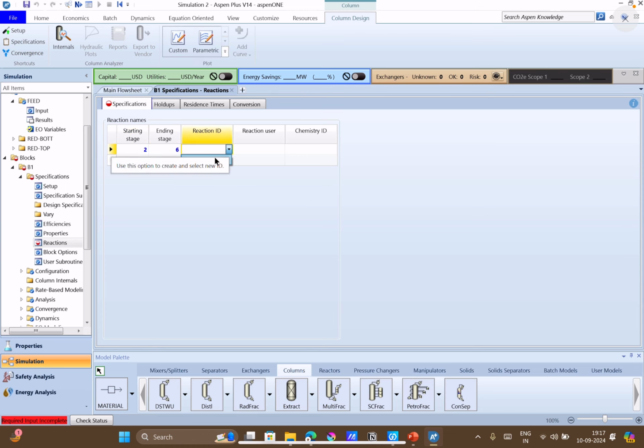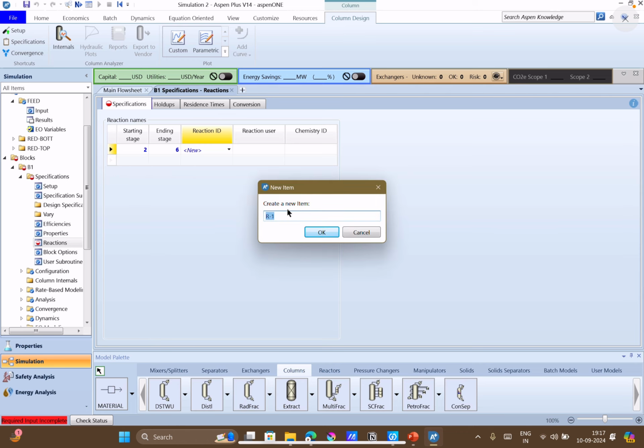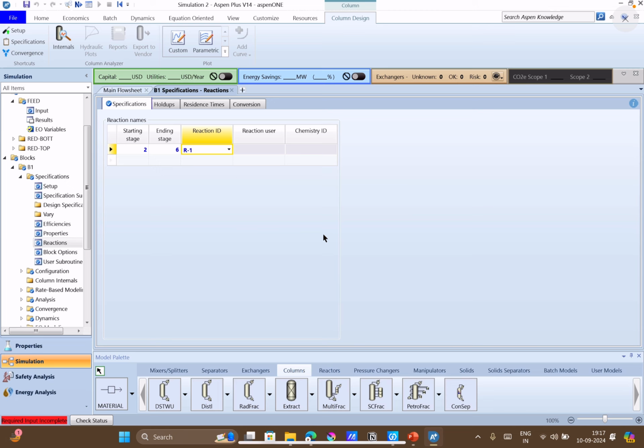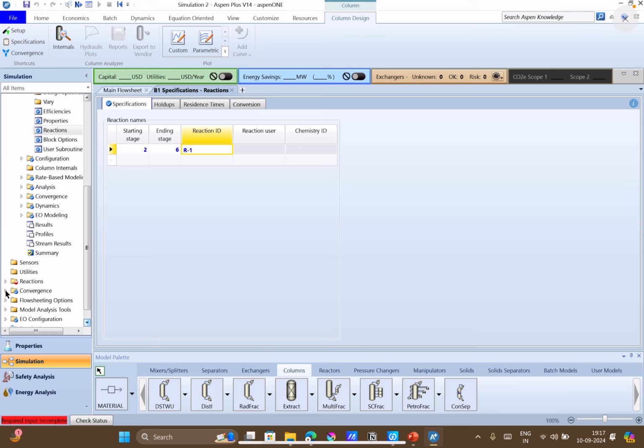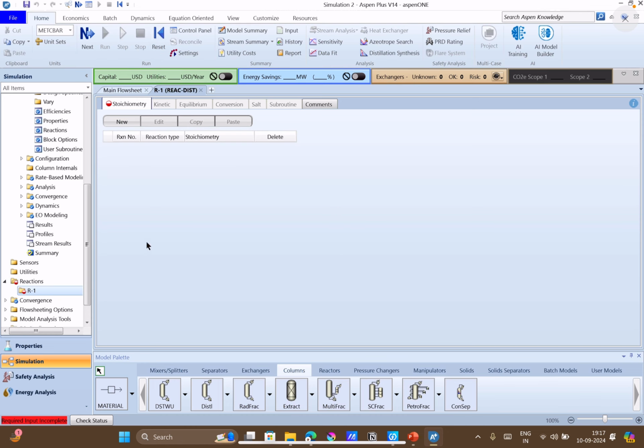We haven't defined any reaction ID yet, so create a new reaction ID R1. Now we have to provide specific parameters for R1. If you go into the reaction section, R1 has been added. Go to R1, add a reaction.